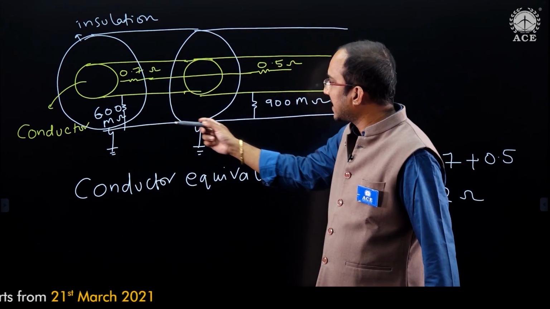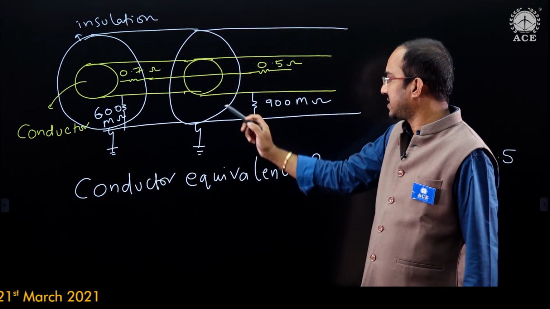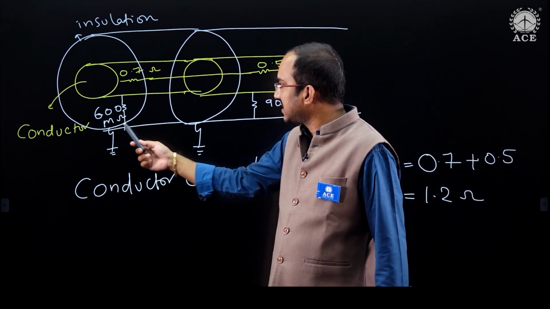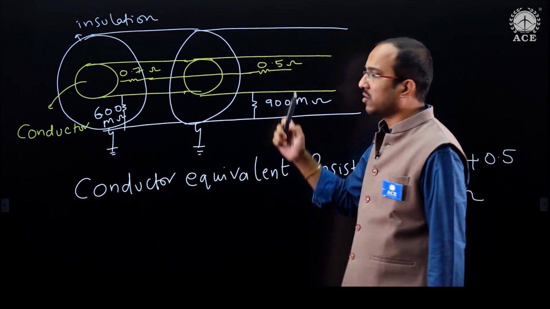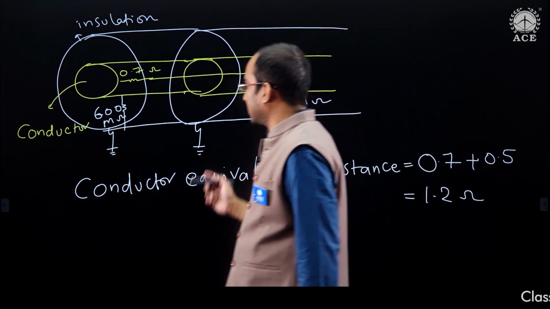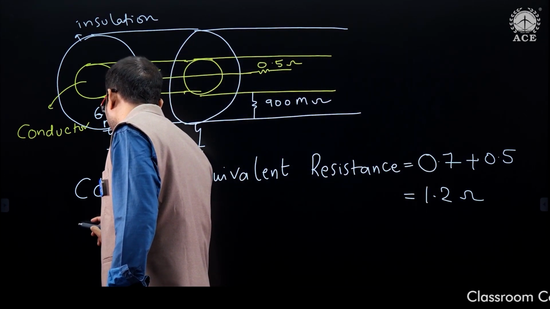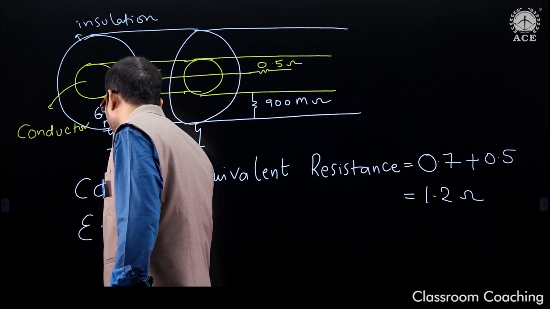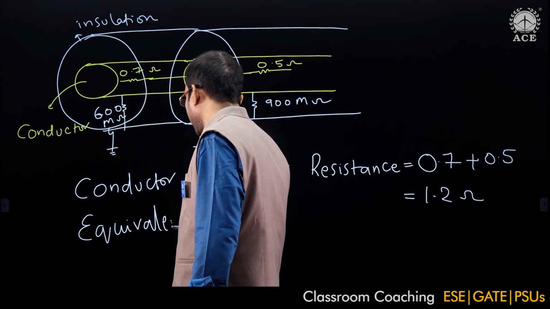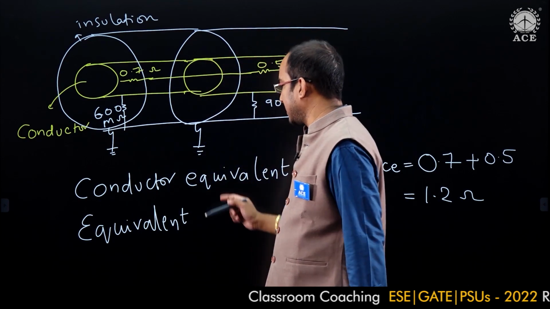Now, let us calculate the equivalent insulation resistance. If you observe, this 600 mega ohms and 900 mega ohms are connected in parallel.